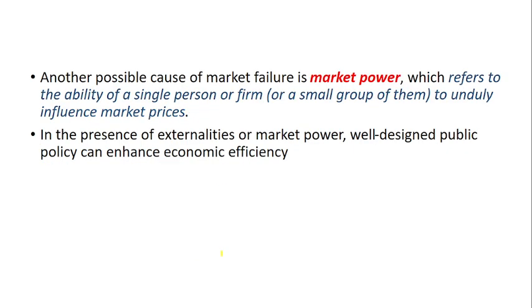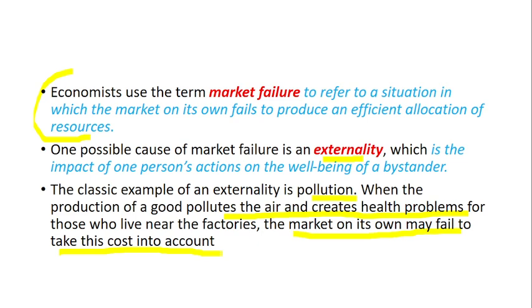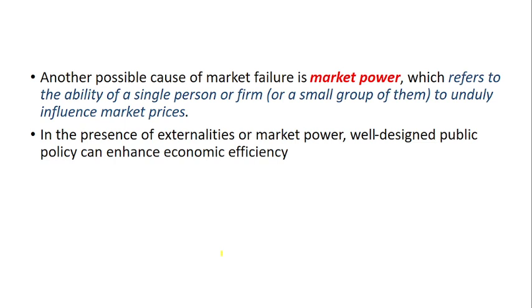Now, another possible cause of market failure is market power. So here, what are the causes of market failure? Two important causes. One is externality that we have already discussed. Second is market power. What is market power? Market power refers to the ability of a single person or firm to unduly influence market prices.